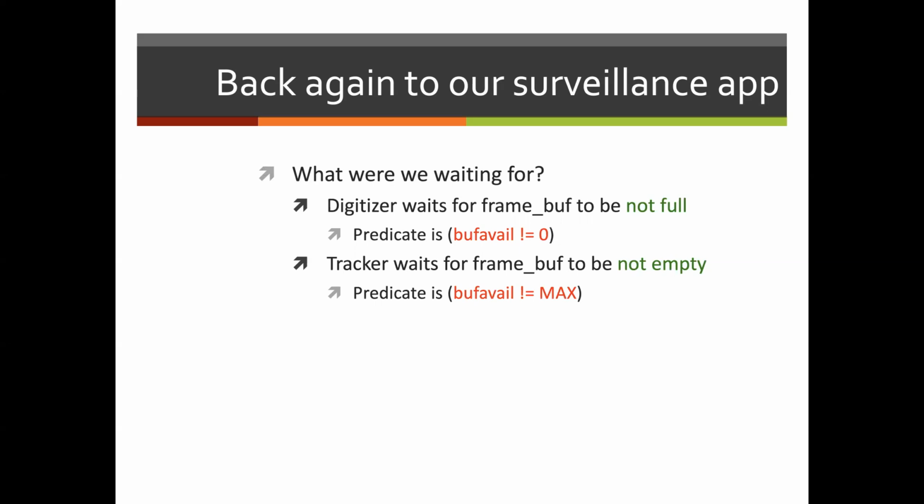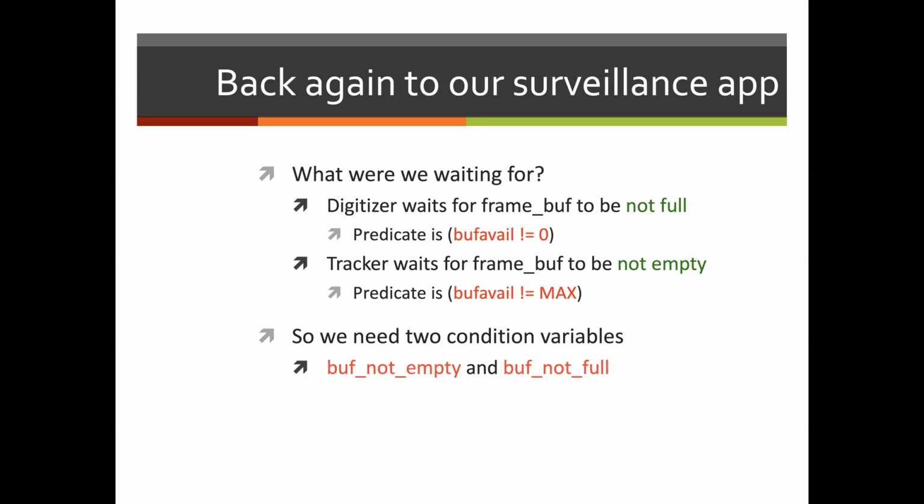And this means that the predicate is going to be buff avail does not equal max. So in this case, we need two condition variables. We have buff not empty and buff not full. And we know how to test for these conditions using the predicates.